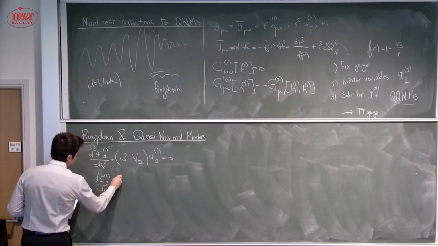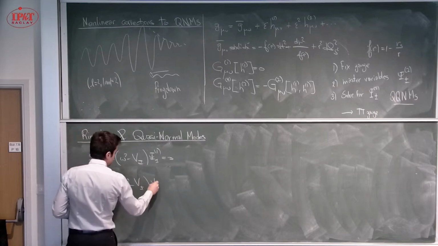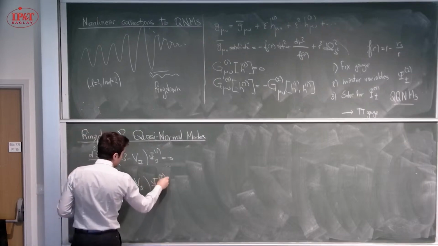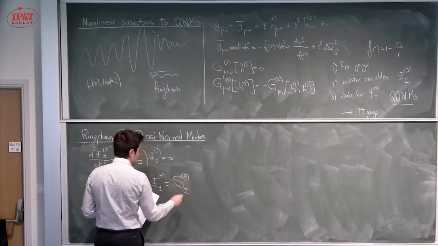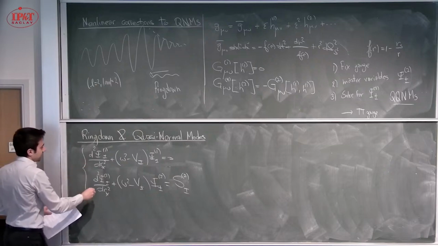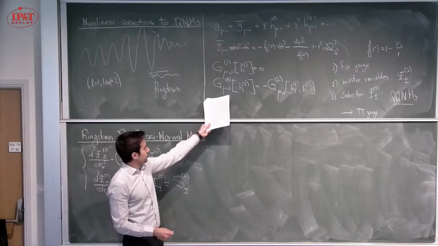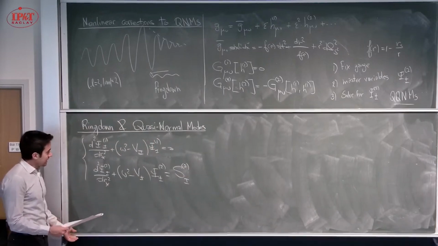We expect something like this, but now it's not equal to 0, but it's equal to some source. Because of this part. This is pretty obvious.